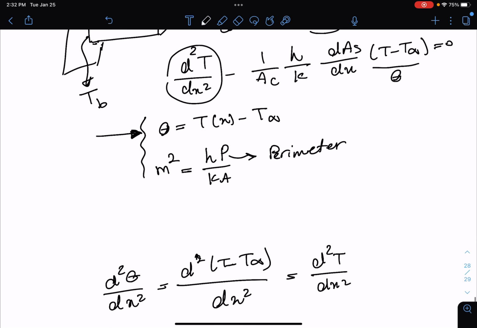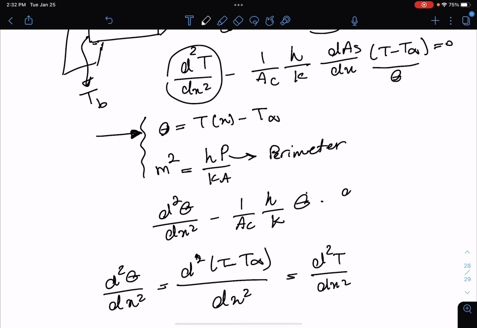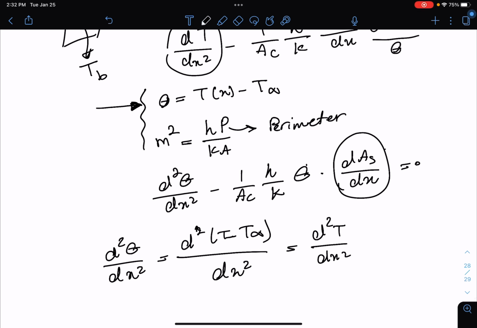So let's rewrite the governing equation based on this new theta parameter. Minus 1 over AC, h divided by k, multiplied by theta multiplied by dAs/dx. This is a uniform cross-section, right? So for a uniform cross-section, we can expand this to the whole fin.